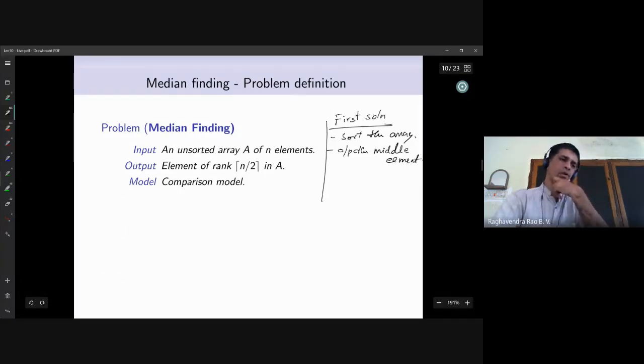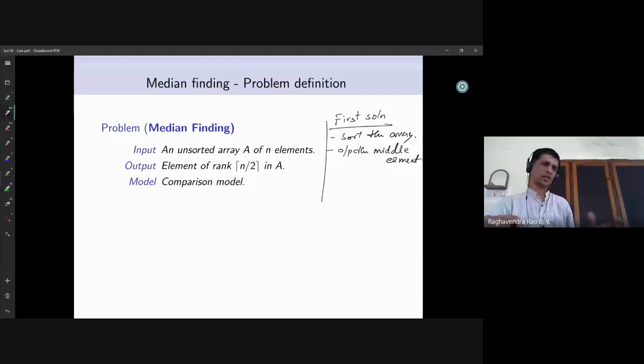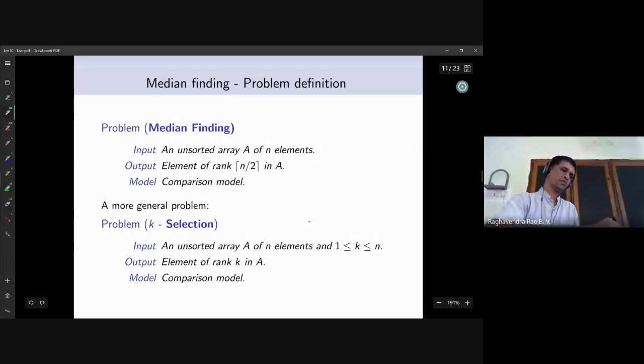Let me state a more general version of this problem, where instead of n by 2, you have k. We call it k selection. If k is 1 or 2, it is easy to do. K is 1 means the minimum element, k is 2 means the second minimum element, k is n means the maximum element, and so on.